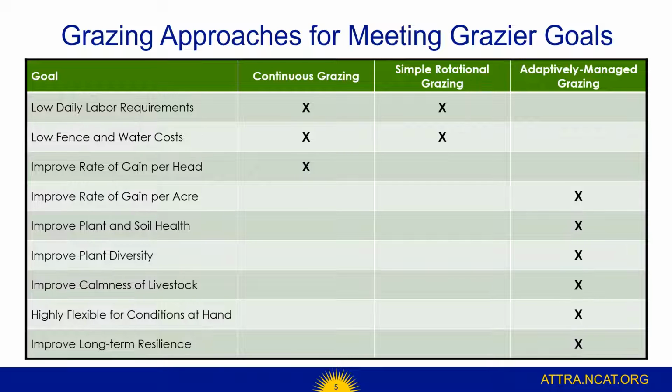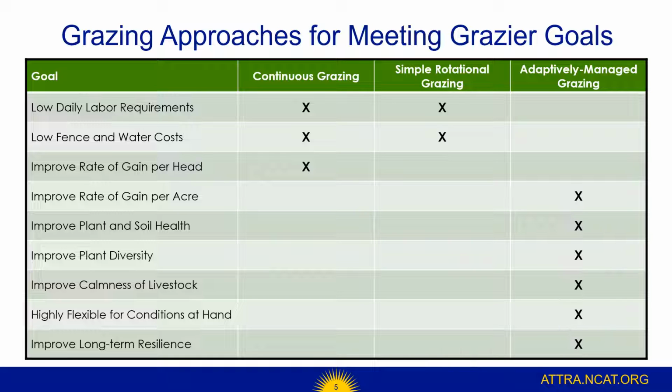I don't have anybody else here to do it for me. Something that resembles continuous grazing is going to meet that goal of the lowest water cost, the lowest fencing costs, the lowest labor requirements. In fact, I would just say, really continuous grazing requires no labor requirements. I mean, you're just leaving the animals there.